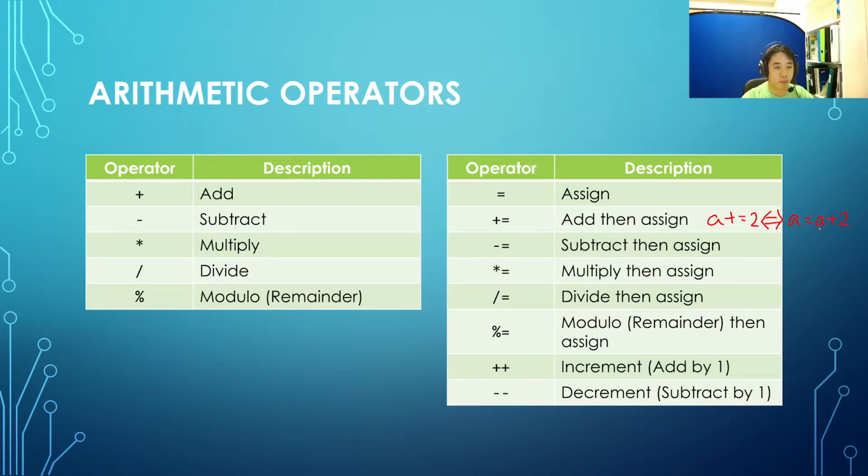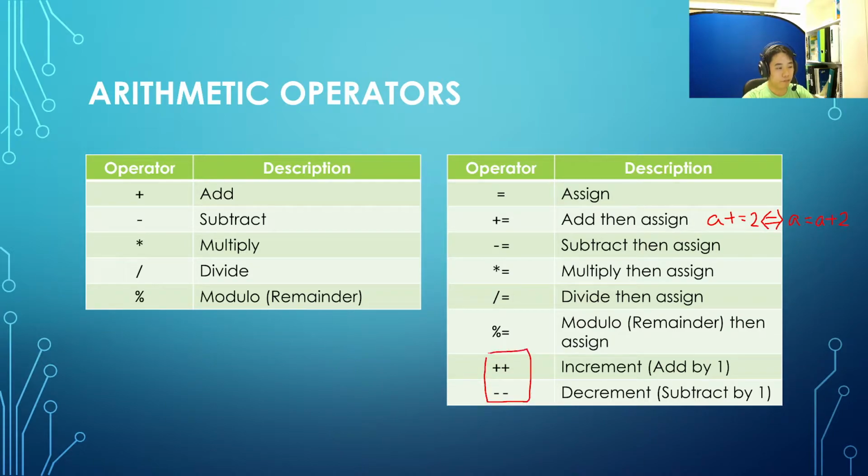So we grab the original value of a, and then we add 2 to it, and that would be the new value of a. So if a is 1, then a plus equals 2 will make a equal to 3. Similar things happen for subtraction, multiplication, division, and modulo for remainder stuff. You will see modulo a lot in number theory. So I'm not sure if we're going to take that though.